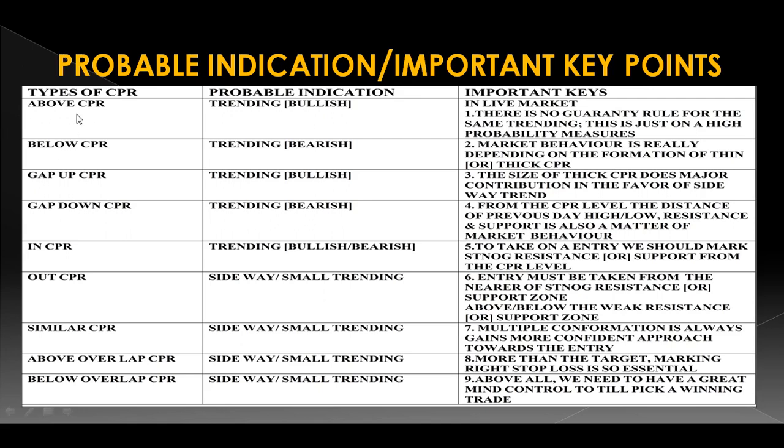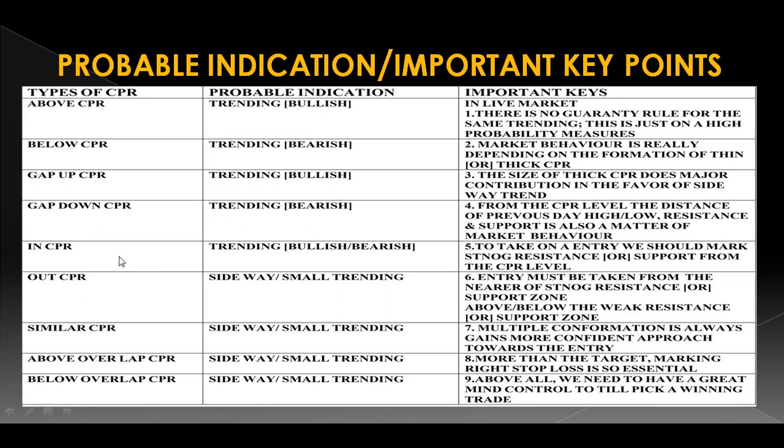First we'll see above CPR. This is probable indication for bullish trending. Below CPR is probable indication for bearish trending. Gap up CPR is probable indication for bullish trending. Gap down CPR is probable indication for bearish trending.